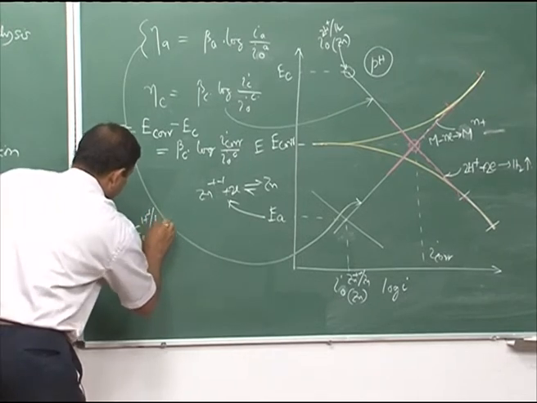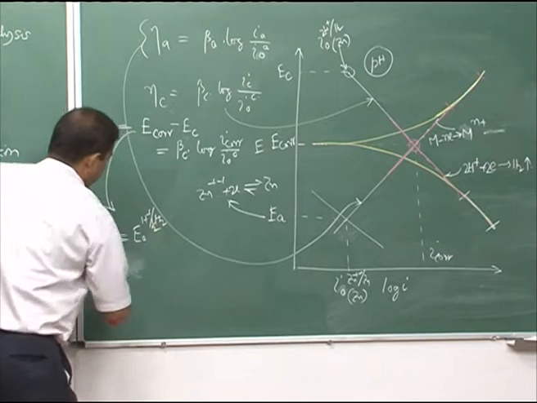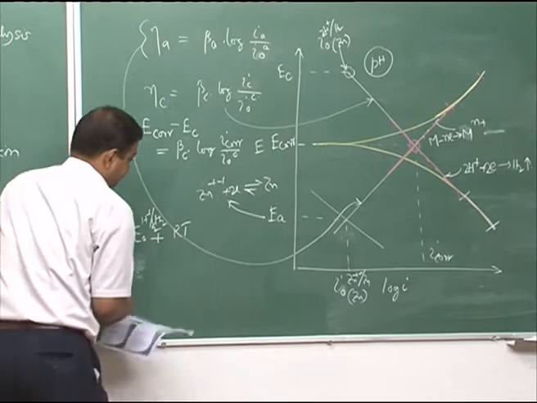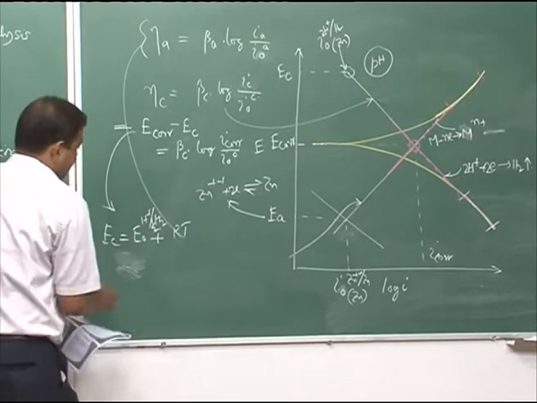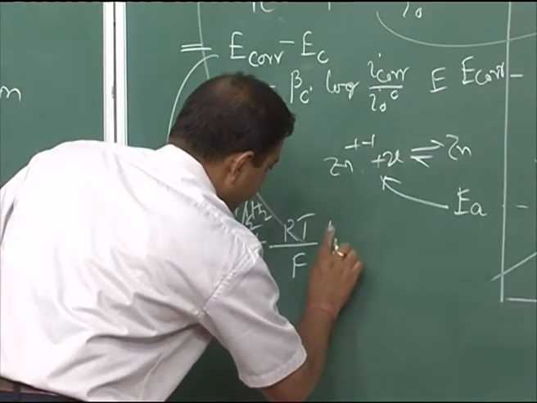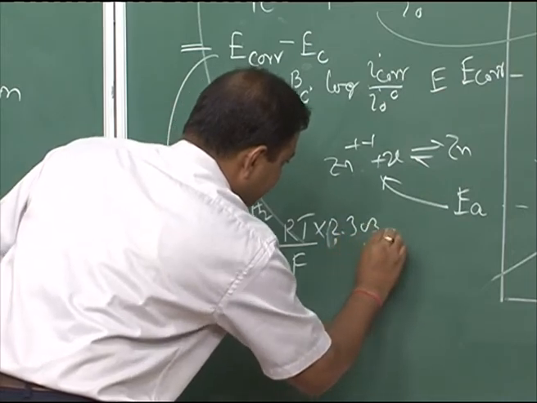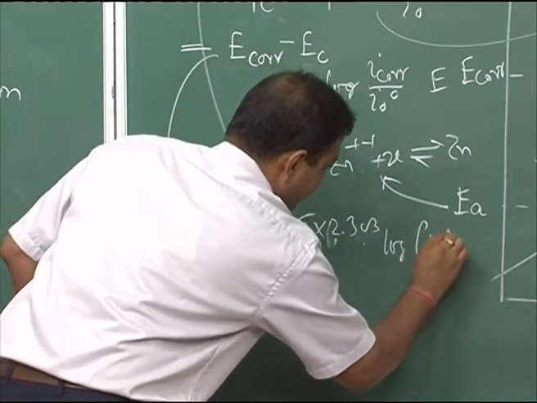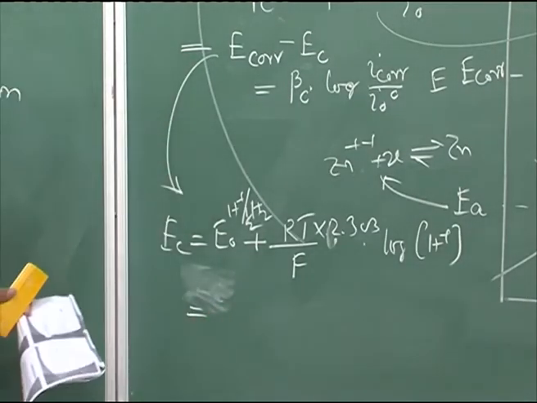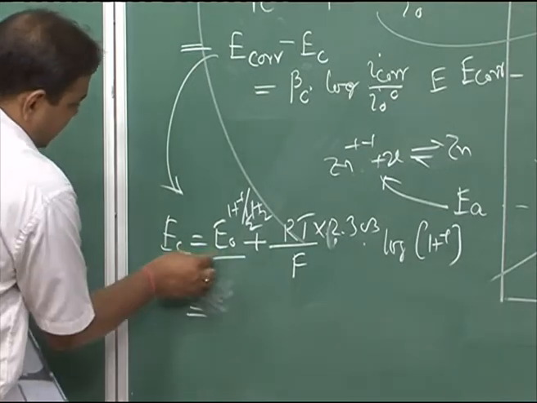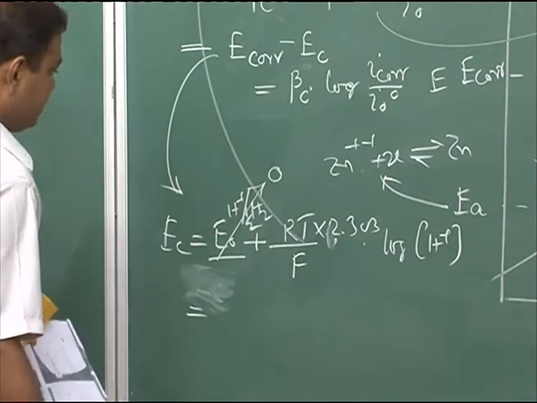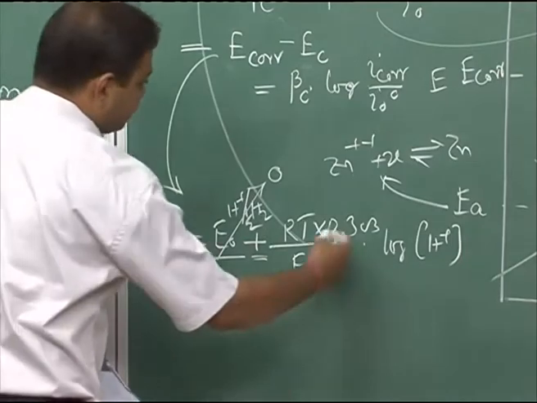This is E of H plus H 2 mass plus R T by F, which is 1 Faraday, into 2.303 log H plus ion concentration in the solution, and then at 25 degrees Celsius and 1 atmosphere pressure, this value goes to 0, and this would become minus if we consider the pH of the solution.